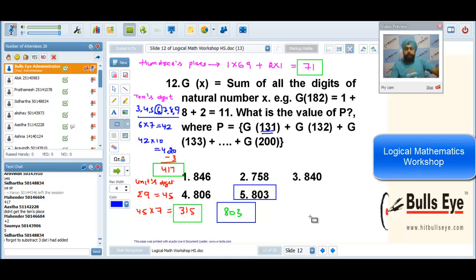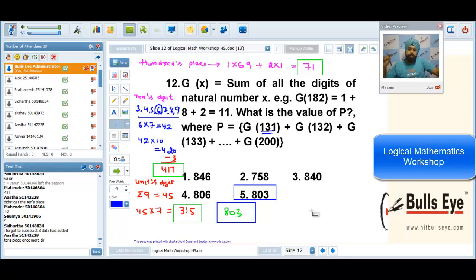Astha, I just said because 130 is not there, we hypothetically counted 130 was also there. Now we can say 3, 4, 5, 6, 7, 8, 9, each of the digits is appearing 10 times. Their average will be 6. 6 into 7 becomes 42 because there are 7 such numbers.